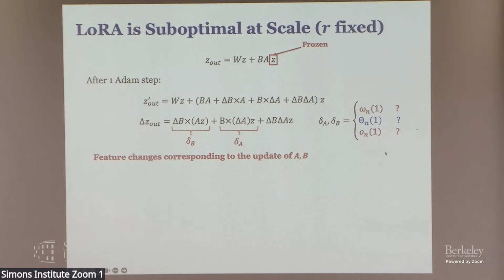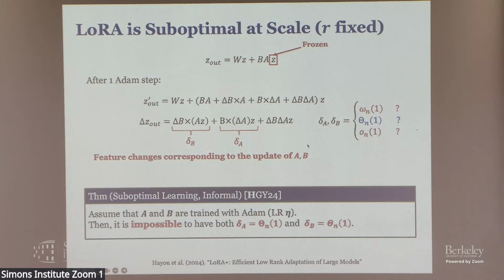You don't want delta A to be little o of 1. You don't want it to go to 0. Similar to what we've seen for initialization, you want something stable that guarantees feature learning, something like Θ(1), which means that when you update A, you get something significant, even for large width. It doesn't diverge, it doesn't go to 0. Now, in this paper, we show that if you use the same learning rates to update these matrices A and B with Adam, then it is impossible to have both delta A and delta B be Θ(1) in that limit.